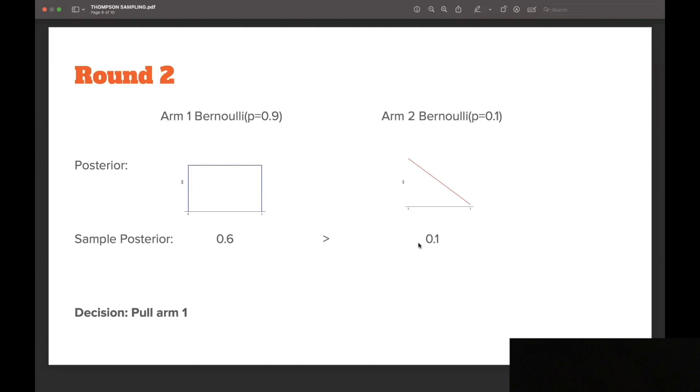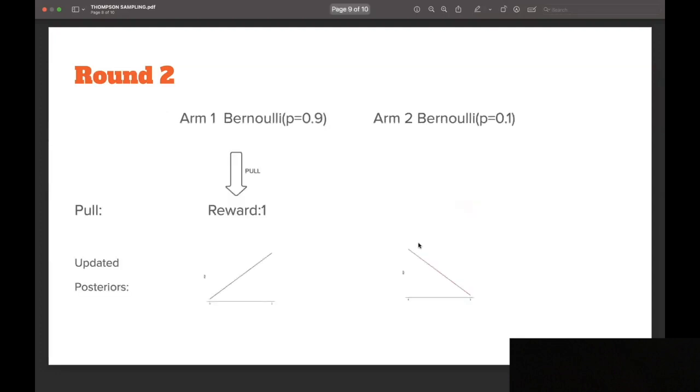In this case, Thompson sampling recommends us to pull the first arm. Again, since the expected return of arm 1 is large, we are more likely to observe a reward of 1 from this arm.